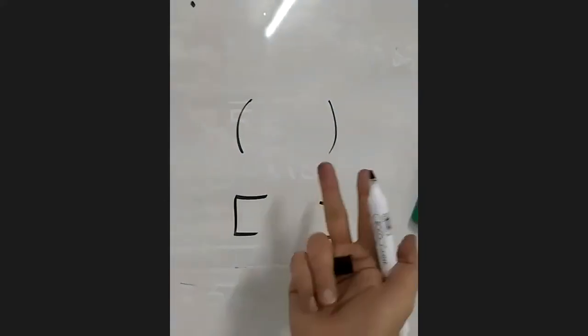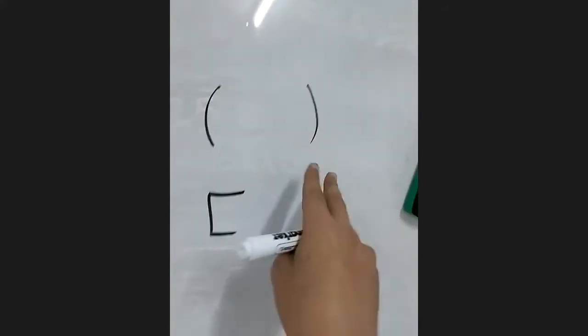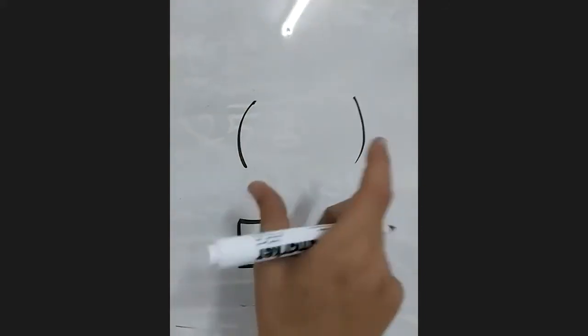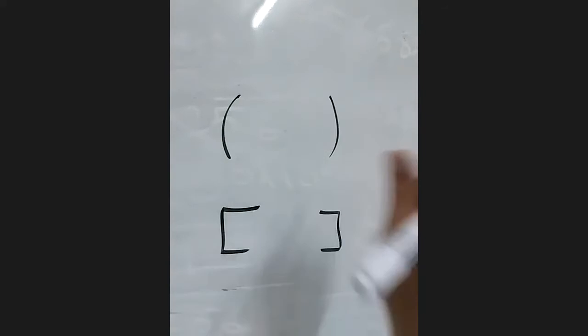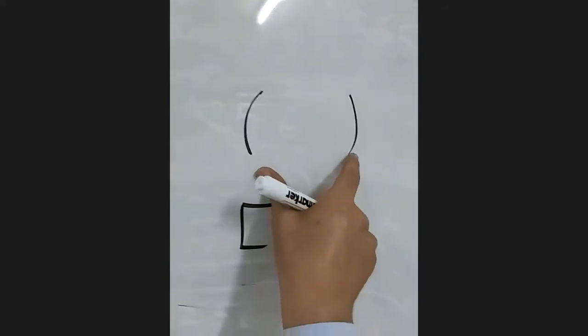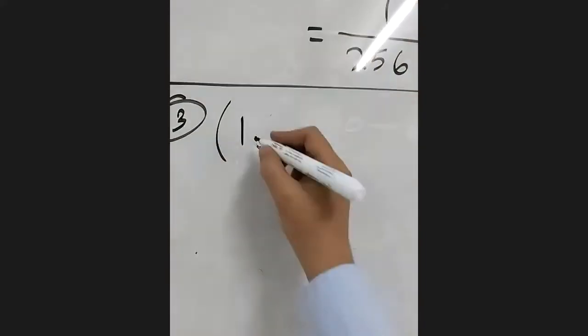It's okay for me if you say brackets or parentheses, I don't care. I care about when we use them. I don't care about the name, but just to let you know, this is parentheses and this is brackets. But it's okay if you change the names.